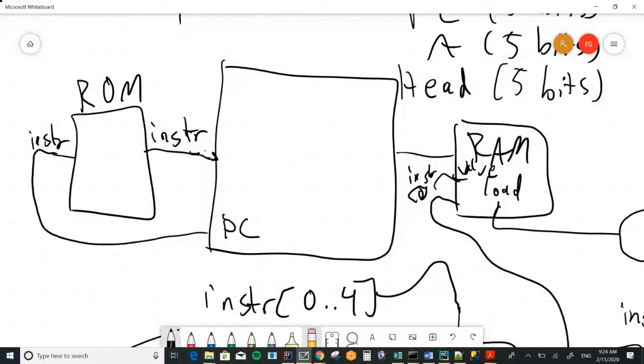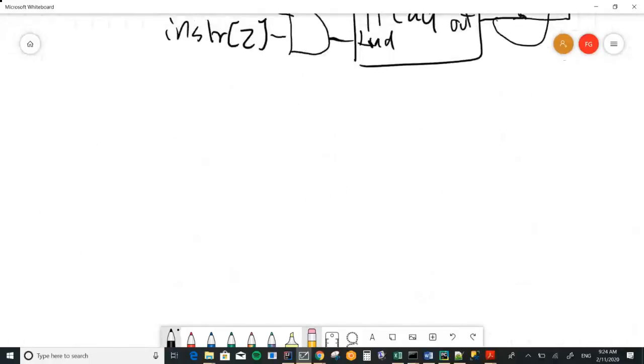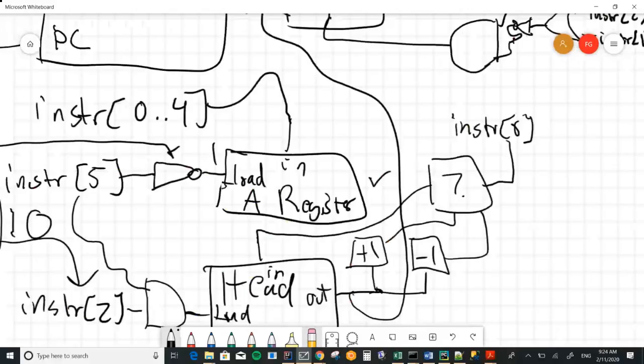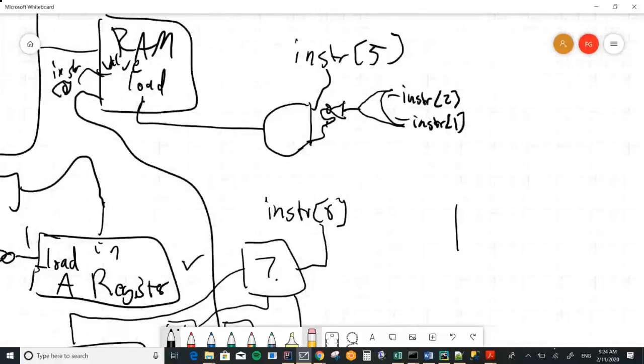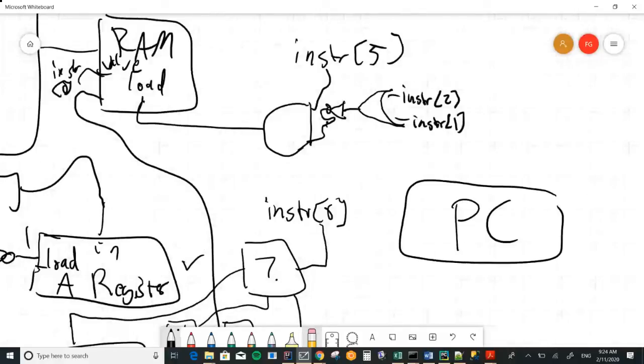So program counter. Let me sketch that down here. Well, we're going to need RAM as well. So we have the program counter. It has an input, and that input is just going to be the output of the A register. If it's going to jump anywhere, it's going to jump to where the A register says to go.